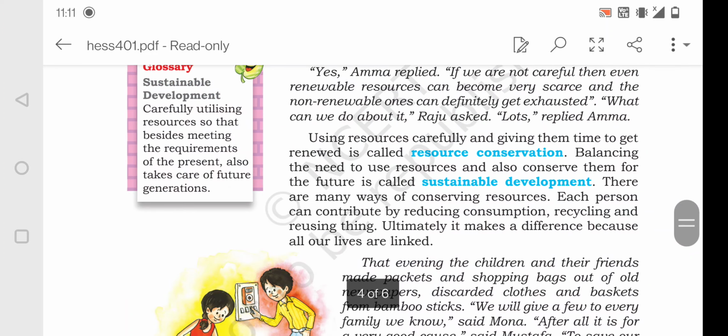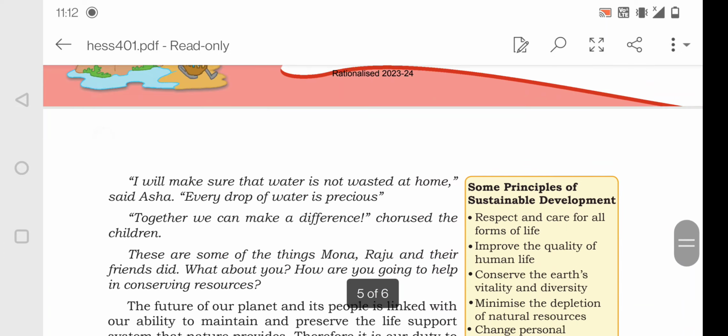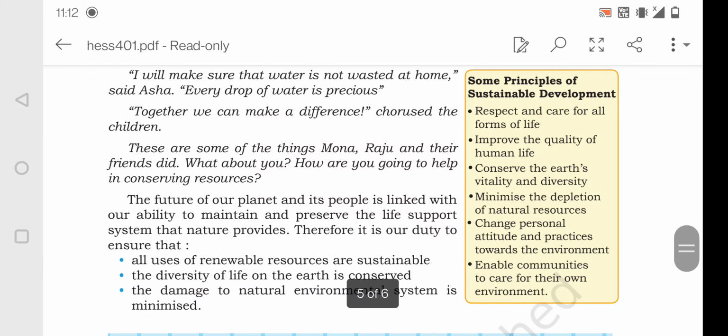And nowadays it is very common around the world, because everybody is talking about sustainability, and there are 17 goals of sustainable development for the whole world, for all the countries which come under the UNO. Now we will talk about some principles and our duty, how we can help our earth, our country, and our society grow in a sustainable manner.